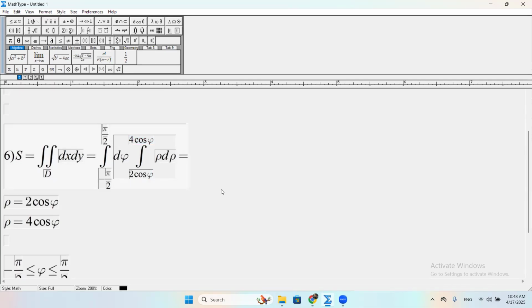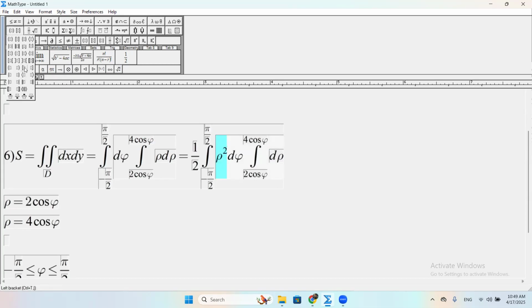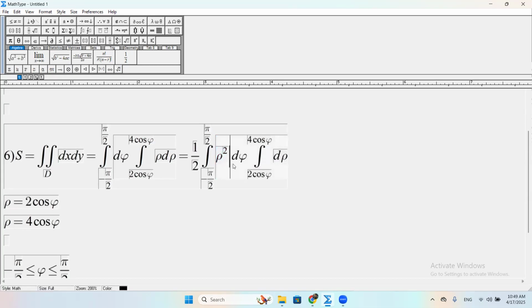So yeah, we cannot do it, but that's not something bad. Anyway, let's integrate it. In the inner integral, we have 1 over 2 rho square with the substitutions from 2 cosine of phi to 4 cosine of phi.